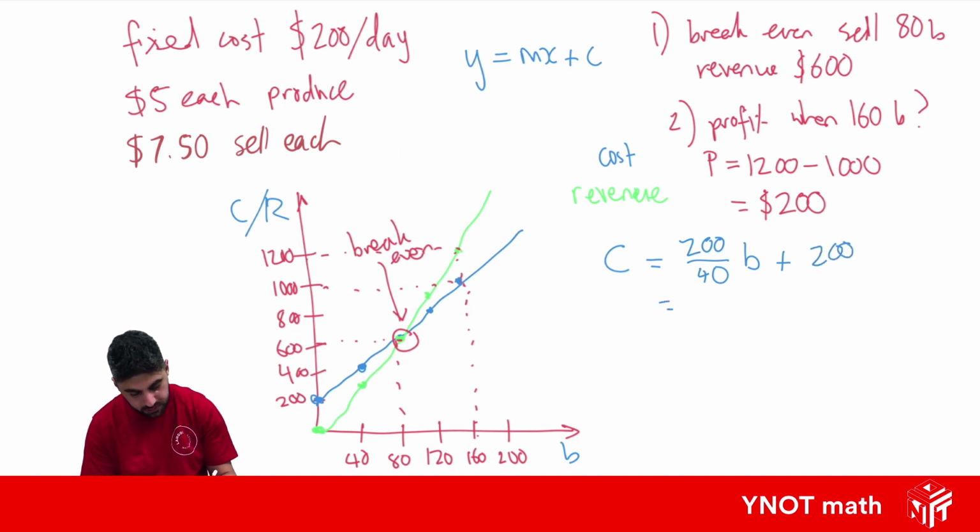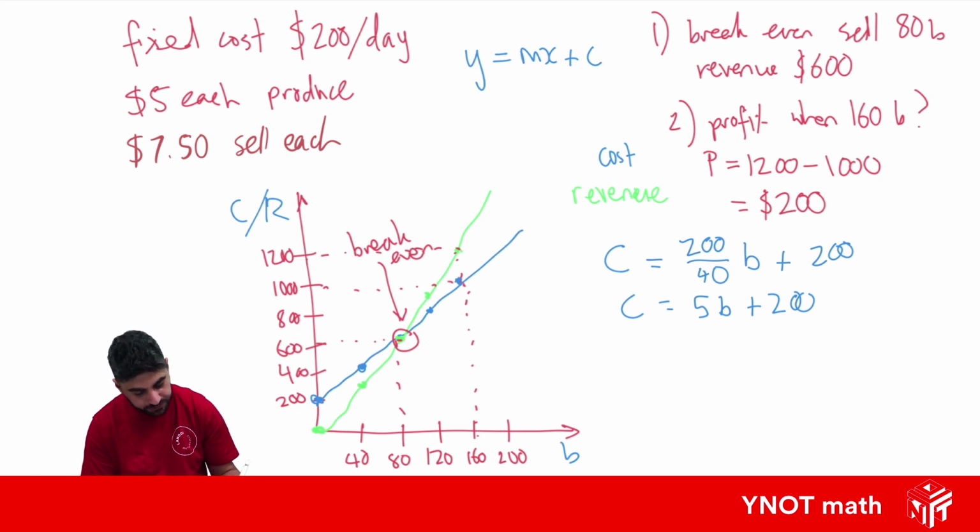And 200 divided by 40 gives us C = 5B + 200. And it makes sense that it's 5 because the burgers cost $5 to produce.